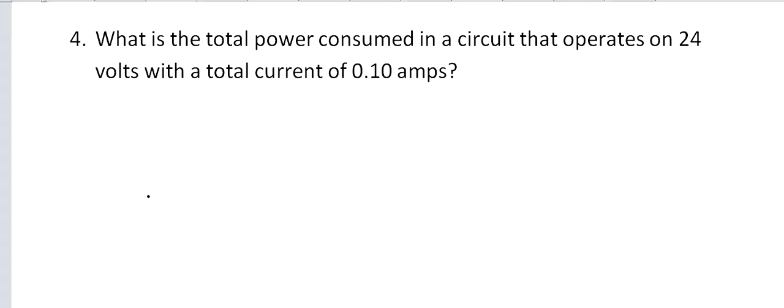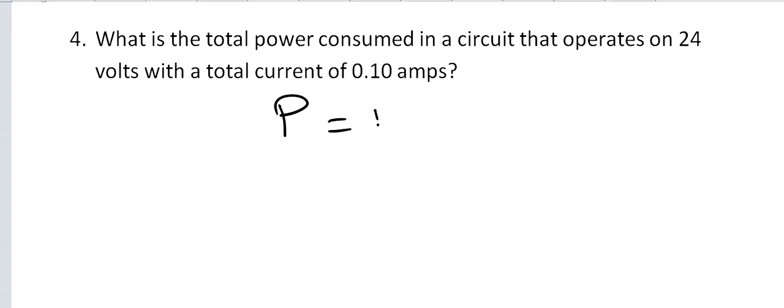Okay, let's go to the last question here. What is the total power consumed in a circuit that operates on 24 volts with a total current of 0.10 amps? So this is our power law.